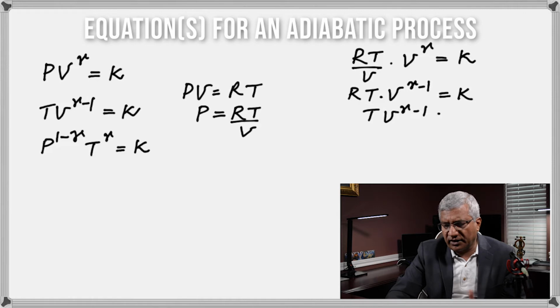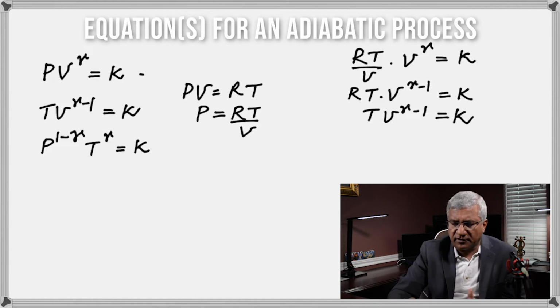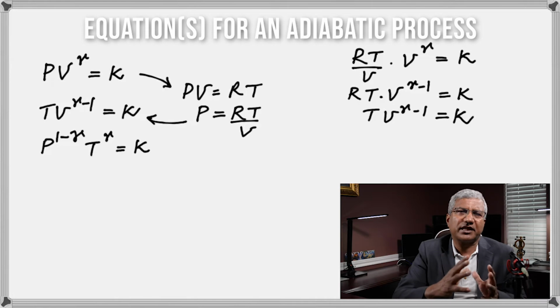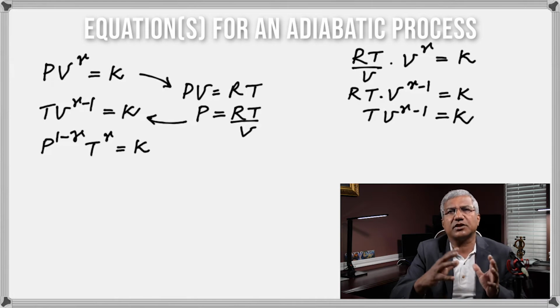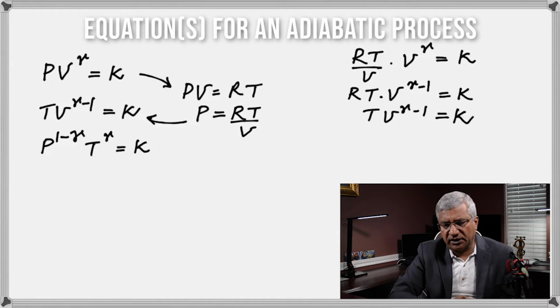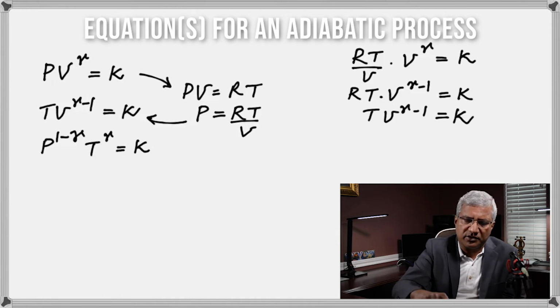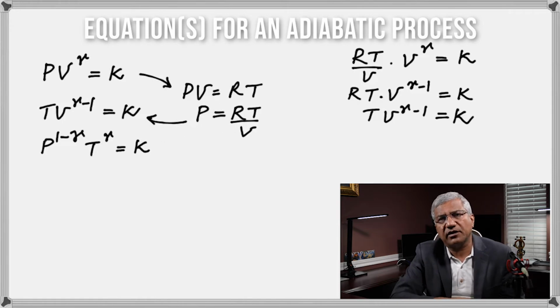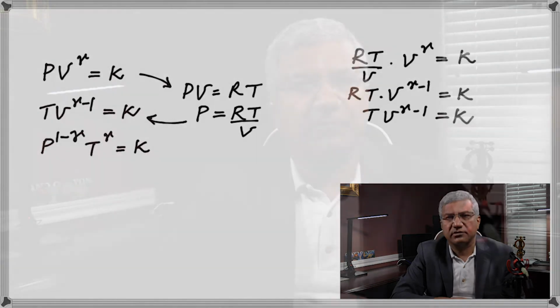And then that gives you the constant, because R is a constant, and when you bring it to the right side, K divided by R is going to be another constant. We don't care about the value of the constant, we just know that it's a constant. So TV raised to gamma minus 1 is a constant. That's how you go from the first equation using simple substitution to the second one. In a similar way, you can get the third equation as well.